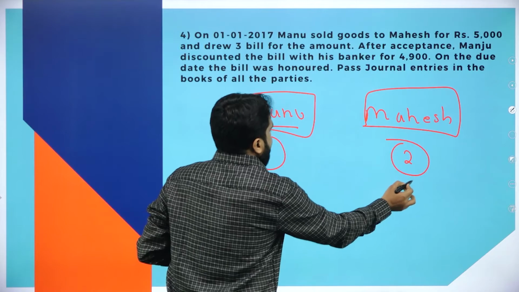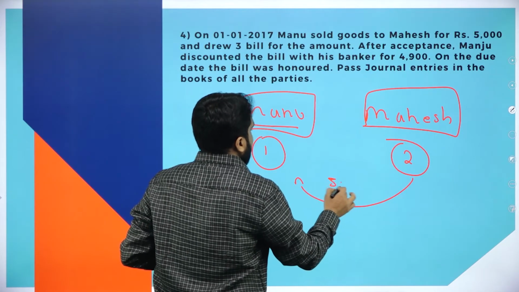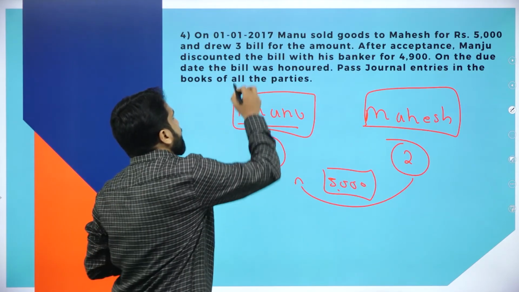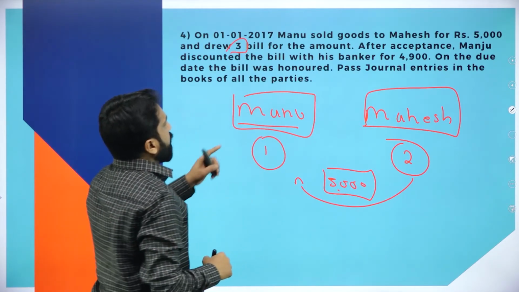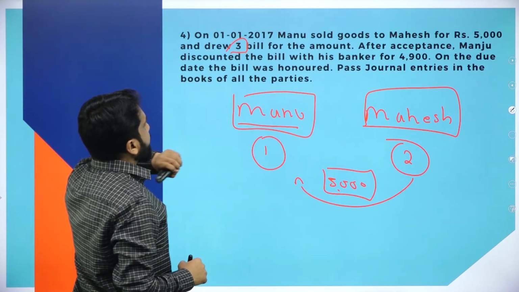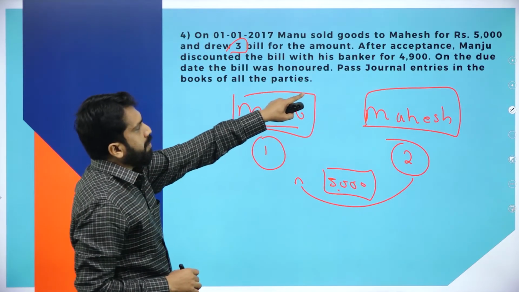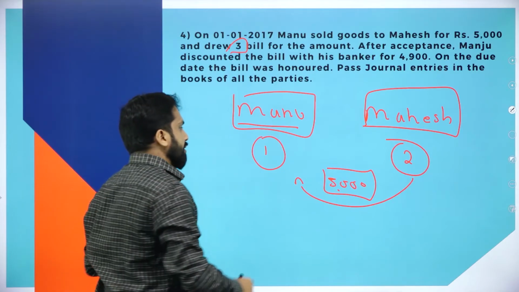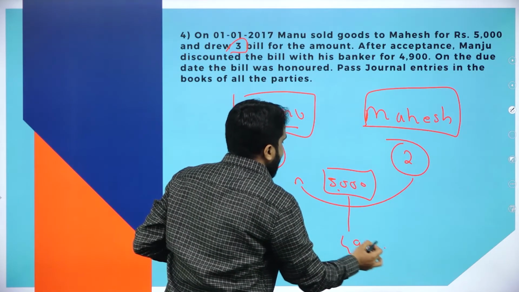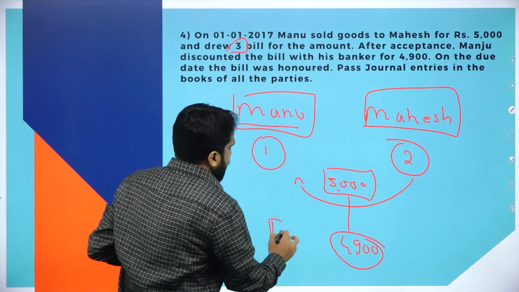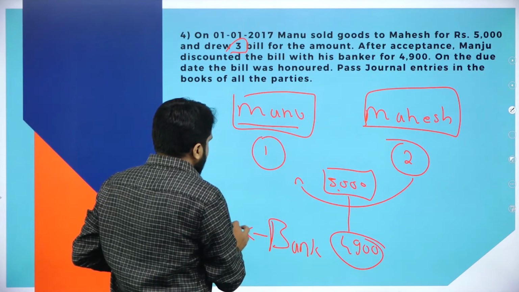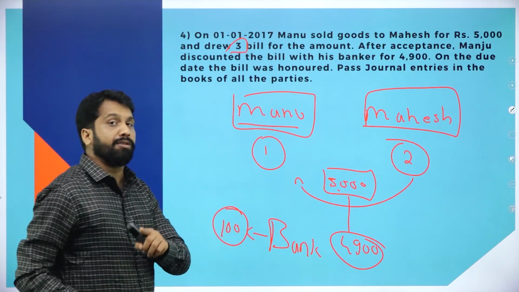So he has to pay him 5,000. After acceptance of the bill, Manu discounted the bill with the banker for 4,900. So instead of 5,000, how much is he collecting from the bank? 4,900. How much income to the bank? The bank will earn 100 rupees.